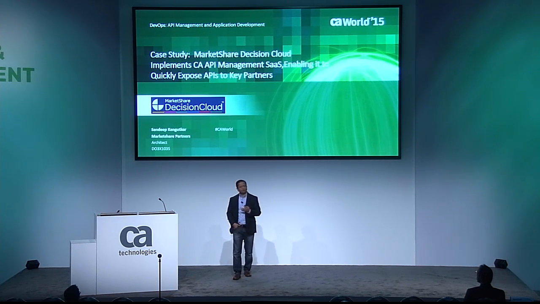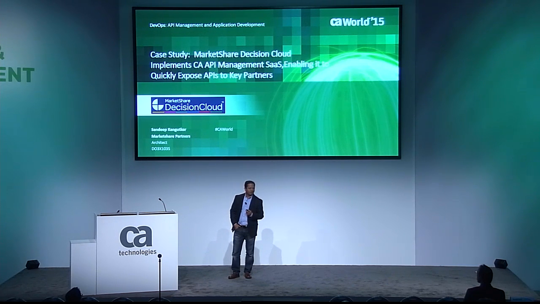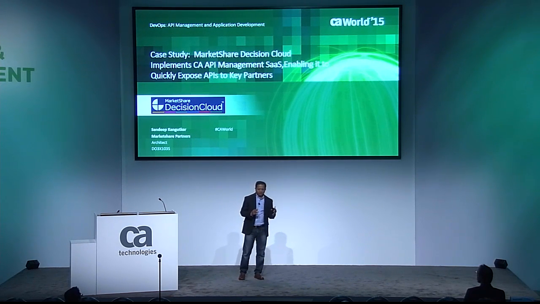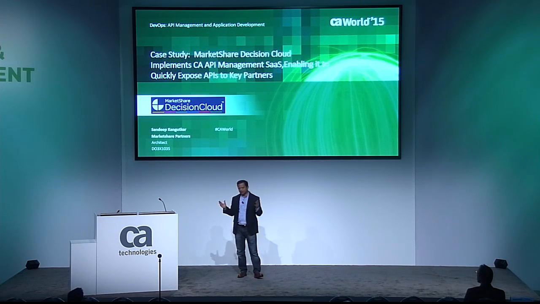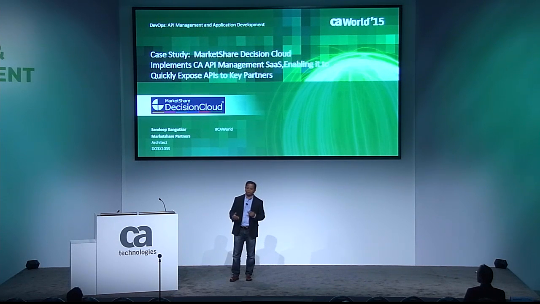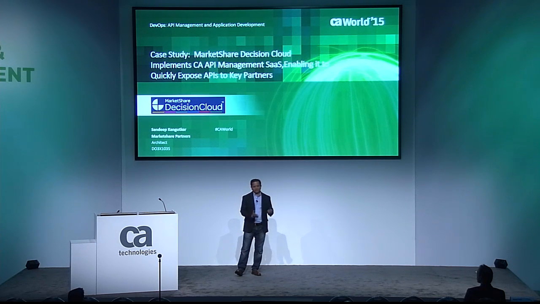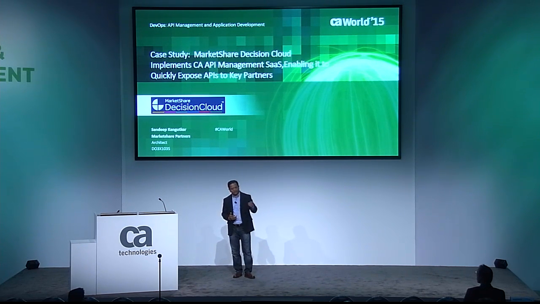But today I'm going to talk about how the Market Share team was able to implement CA API Portal, a SaaS offering, in a very, very rapid manner. We had such tight deadlines, maybe 2 or 3 weeks to do a POC, just 2 or 4 weeks to get our first release out the door, and how we were able to do that using the product and the SaaS offering.